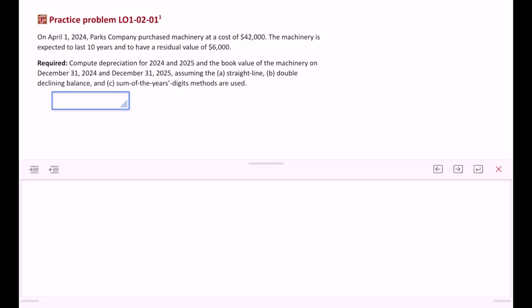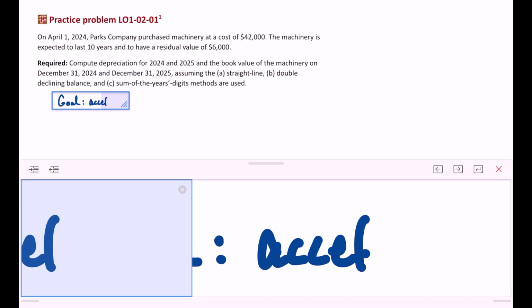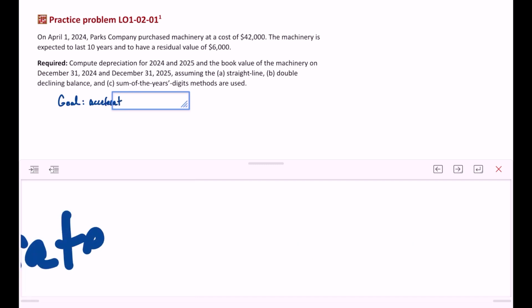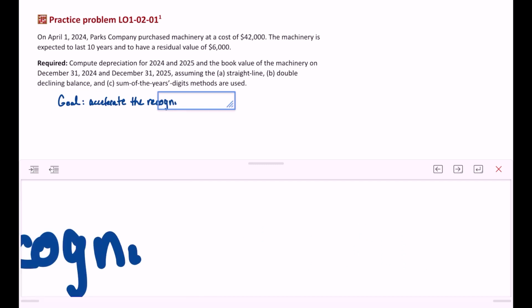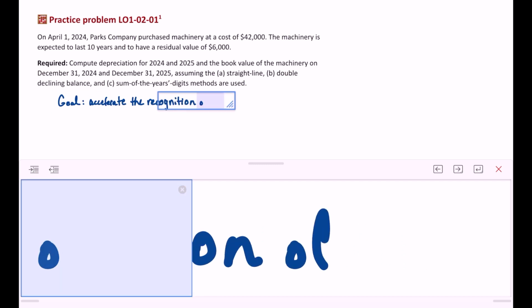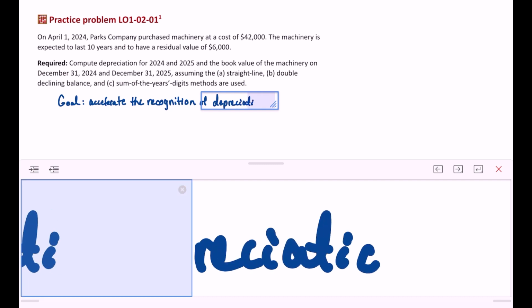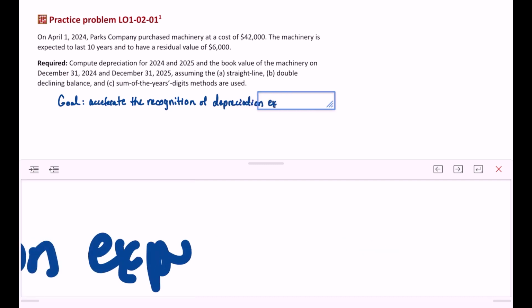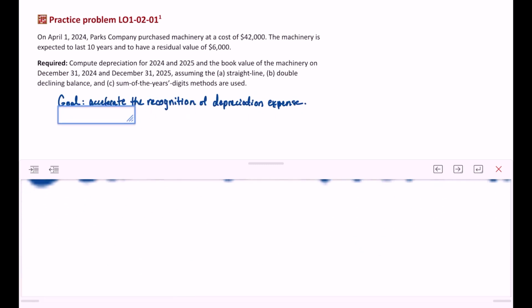So the goal is to accelerate the recognition of depreciation expense so that more is recognized early in the useful life of the asset.